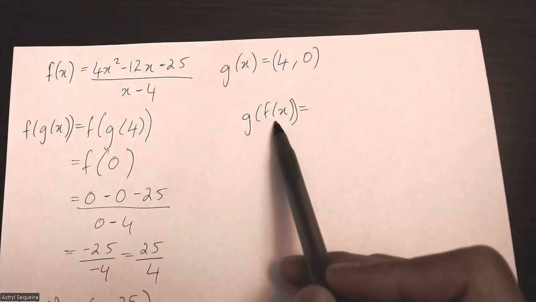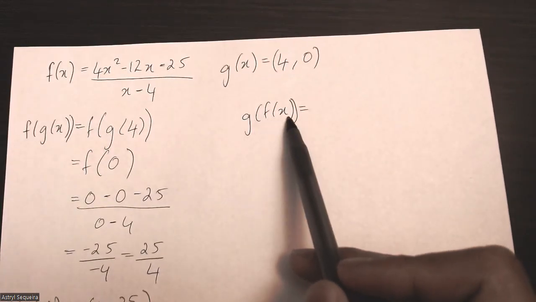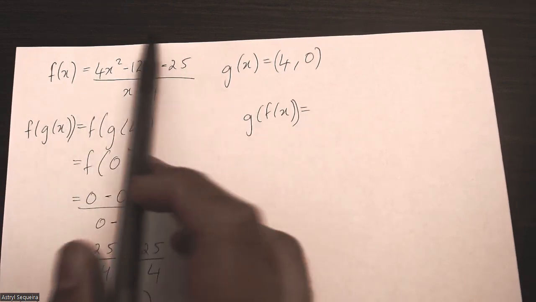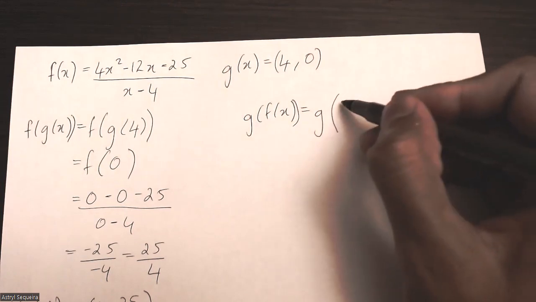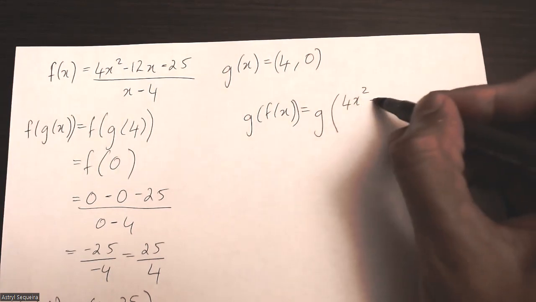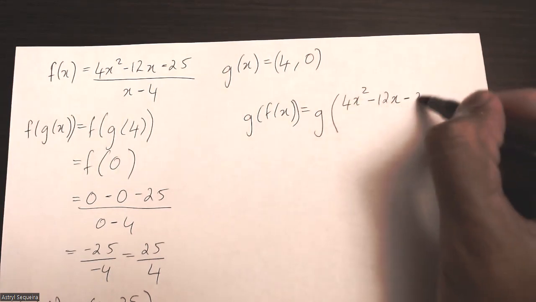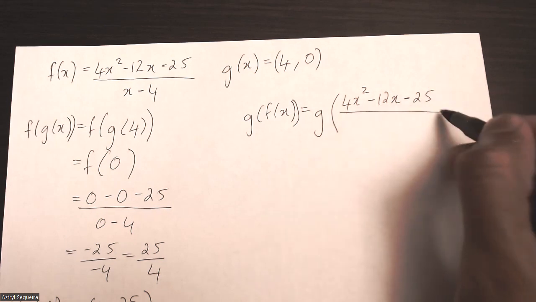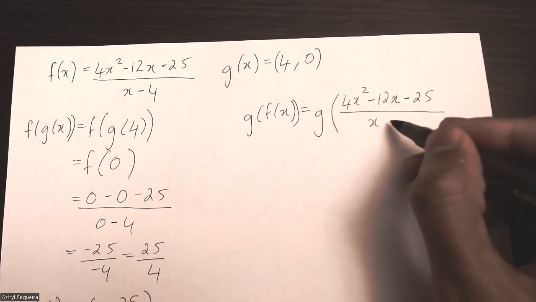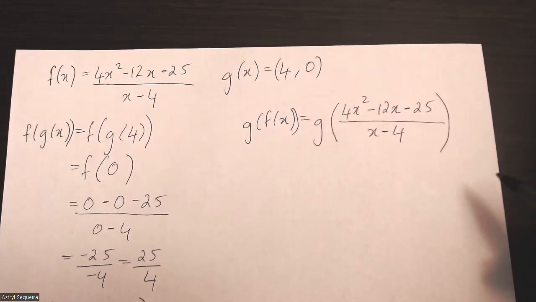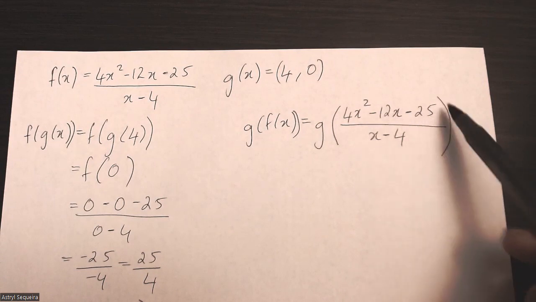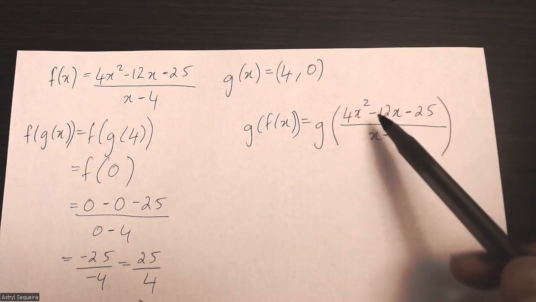For g of f of x, it's a bit more complicated because I have an entire function over here for f of x. So this is just g of the entire function divided by x minus 4. Now, this has infinite x values.